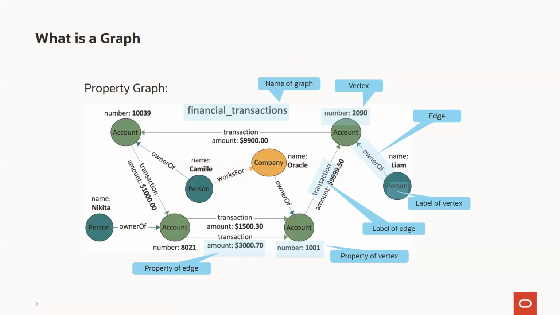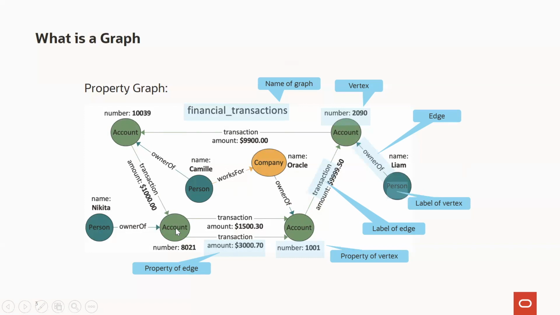We can also have different properties associated with the vertices. Say, for example, the transaction was happening between account 2090 and 10039, and we can see that the person who owns account 10039 works for a different company. There are also transactions between that person and the person Camille from a different perspective.